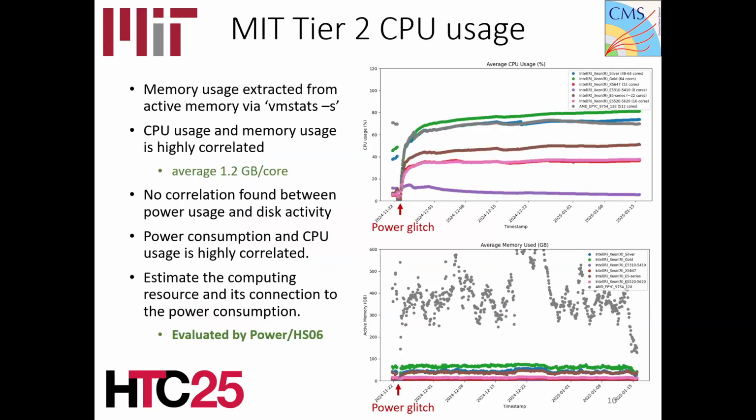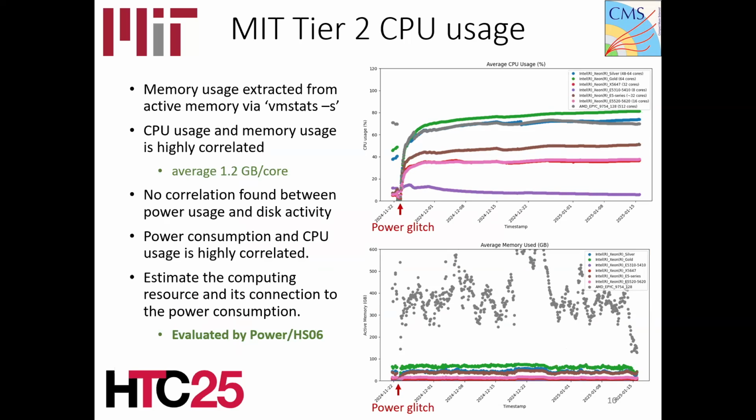And secondly, we want to check how the power consumption is correlated to the CPU usage and other usage. On the top right, you can see this is the CPU usage in percentage for different CPU models. Bottom is the memory usage for the different types of CPU models. You can see that there is a strong correlation between the CPU usage and the power usage.